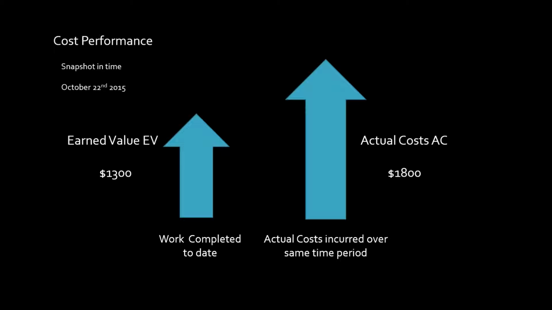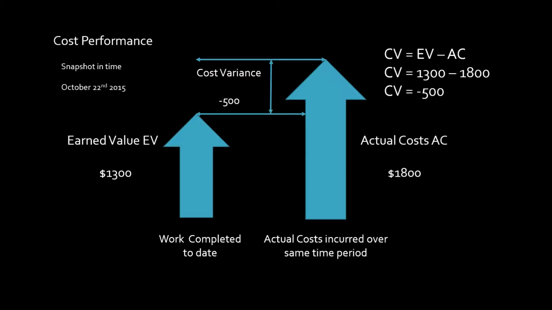The difference between earned value and actual cost is cost variance. This is performance. In other words, the bang for my buck. How much work am I getting for every dollar that I spend? I should be getting $1's worth of progress, and I'm not. The cost variance here is pretty bad. It's -$500, which is bad for a $2,000 project, isn't it?